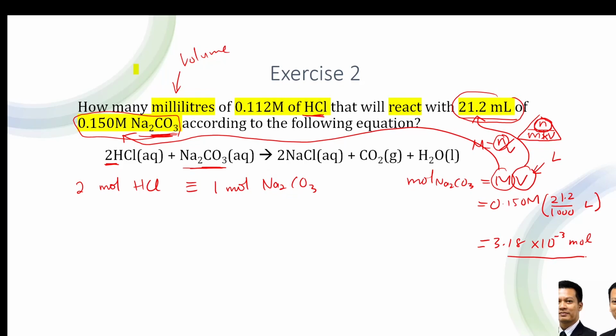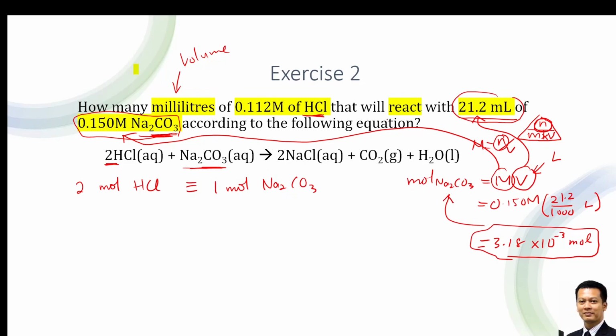What is the mole that you calculate? It is the mole of sodium carbonate at 21.2 milliliter with 0.150 molar. So you write down at this part 3.18 exponent -3 mole of Na2CO3.